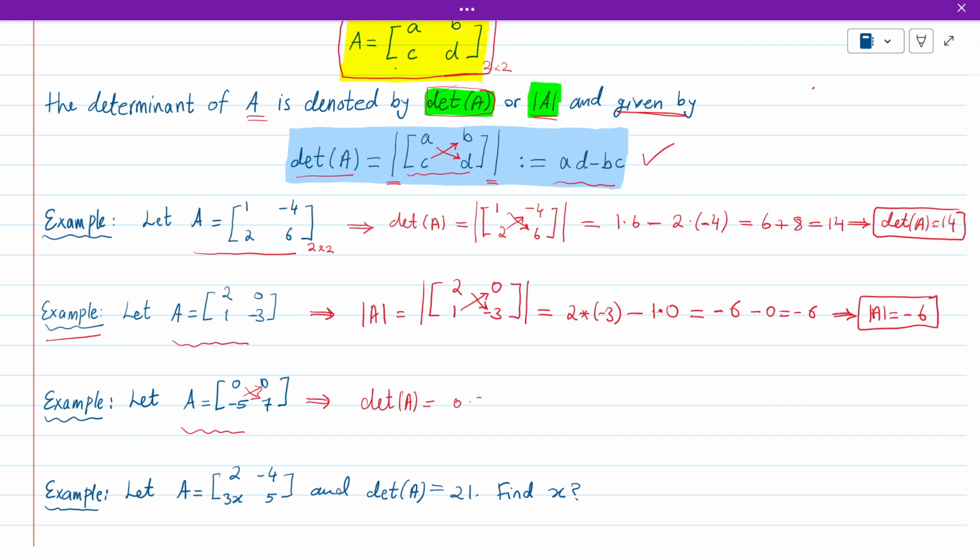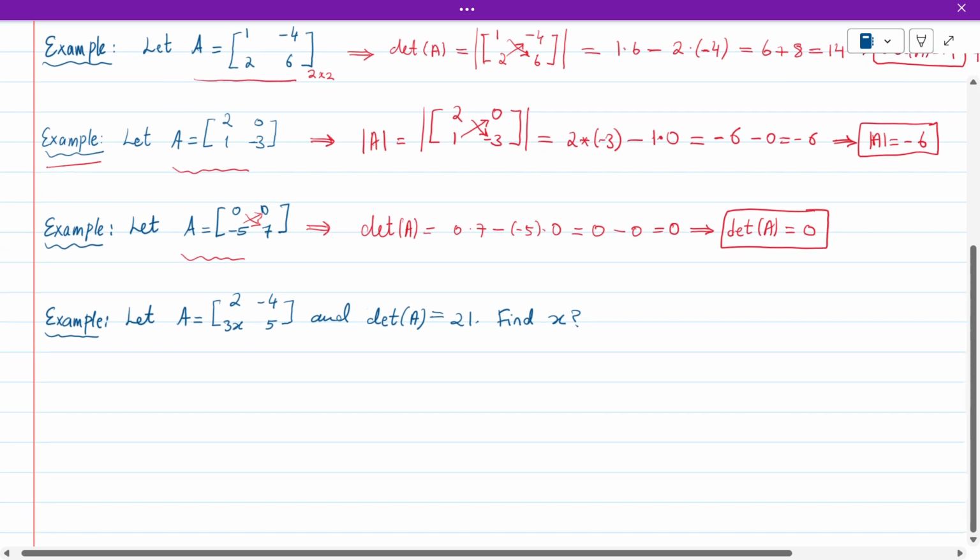So 0 times 7 is 0, minus (-5) times 0, again 0, so that is 0 minus 0. Determinant of A is 0. Okay.